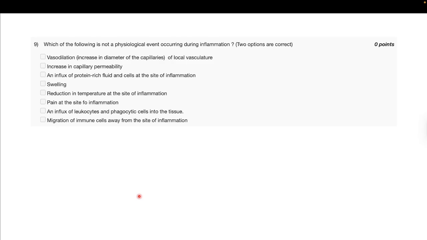Next is, which of the following is not a physiological event occurring during inflammation? Again, we have to choose two correct options. So we just saw what happens in inflammation, and if you have gone through the lectures for this week, it should be pretty easy to answer. Just give it a try, read through the options. I'll wait for a few minutes.